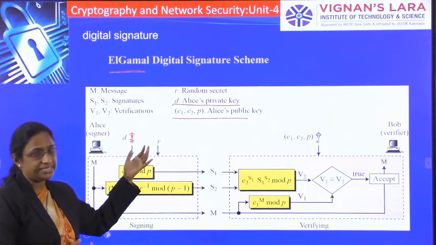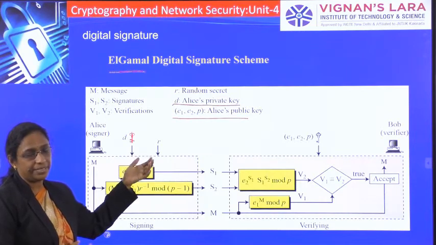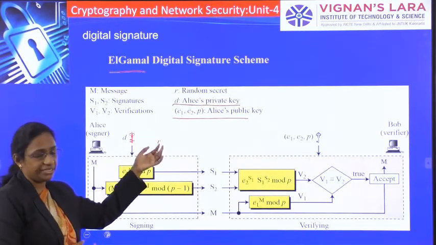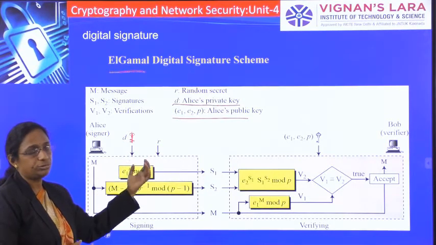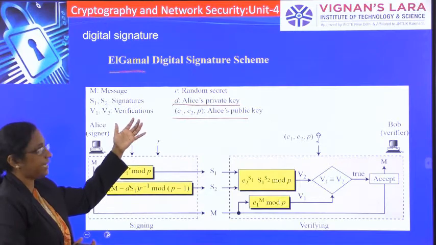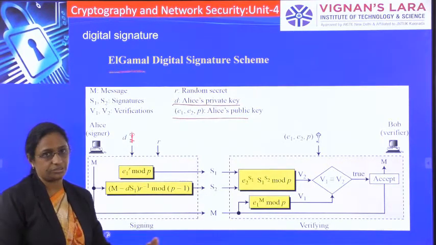Previously you have studied Elgamal cryptography, including how to generate the private and public keys and how to do encryption and decryption. The same methodology will be applied here for signing and verification.